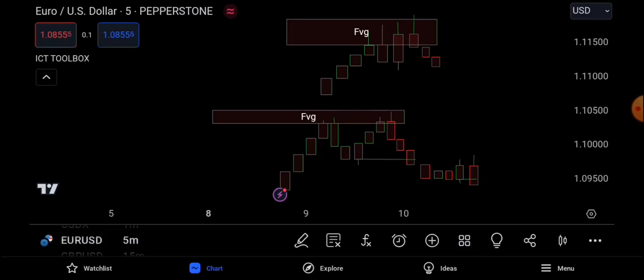So I'm going to try and explain how you could use an order block for your entries when it comes to trading. Okay, so the definition of an order block is what everybody else would define it as on YouTube, except I will be adding a twist to that. So in a bullish scenario, the last bearish candle before a big bullish move, you would consider that your order block. And in a bearish scenario, your last bullish candle before a big bearish move, you would consider that as your order block.